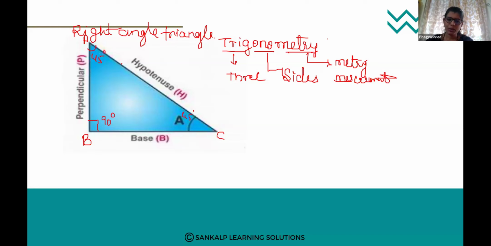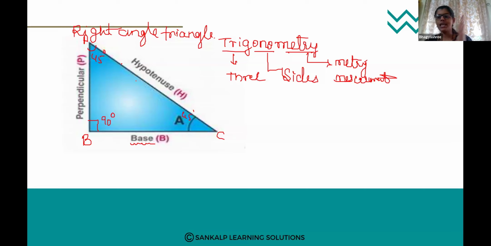Next, this one we call as BC. BC annu enanta heltivi? Base anta heltivi. So BC is called as base and AB is called as perpendicular or height. Idanna height antanu heltivi, or it is also called as perpendicular. Next, AC is called as hypotenuse. Why hypotenuse?